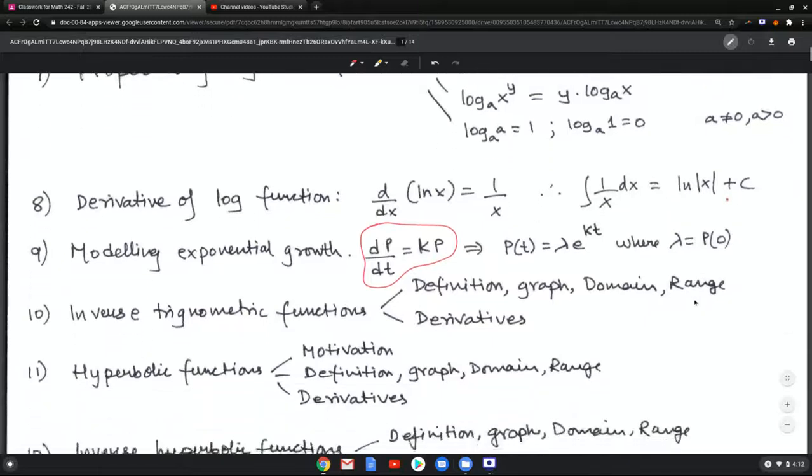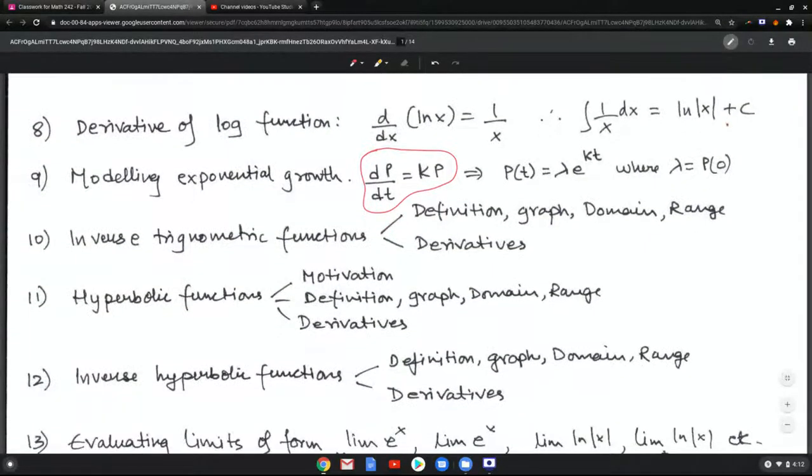The next class of functions we looked at was inverse trigonometric functions. We looked at the definition, graph, domain, range, and the derivatives of those functions. Then hyperbolic functions, the motivation being that they are similar to trigonometric functions: their definition, graphs, domain, ranges, and their derivatives.